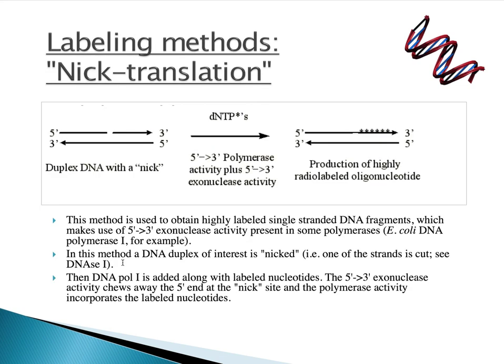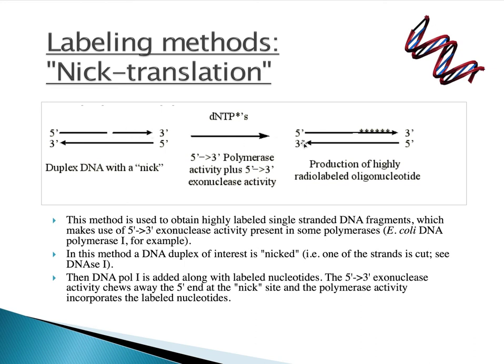Now let's go back to some labeling methods, and one of the famous ones is called nick translation, and you can even buy a kit, and it's using polymerase 1. What's happening here, you start with your DNA, and usually they use a low amount of DNase 1 just to make a nick in one of the strands, and after that you add DNA polymerase 1, for example, and you label this upper strand.